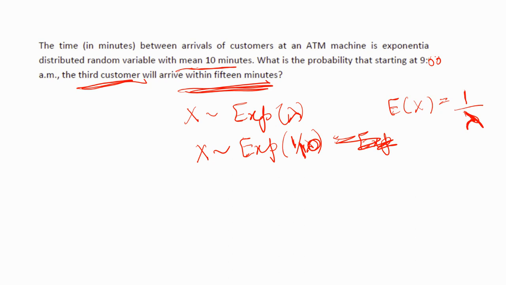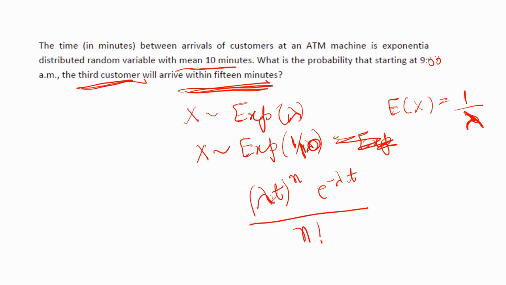Now what it is saying is that the third customer arrives within 15 minutes. So within 15 minutes, we take it as lambda t to the power n, e to the power minus lambda t, divided by n factorial, where t is time.